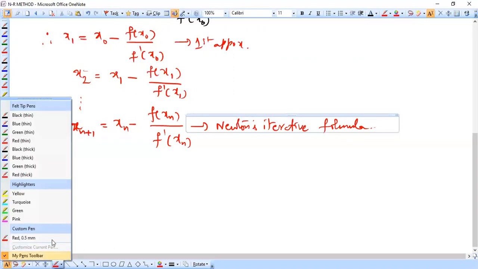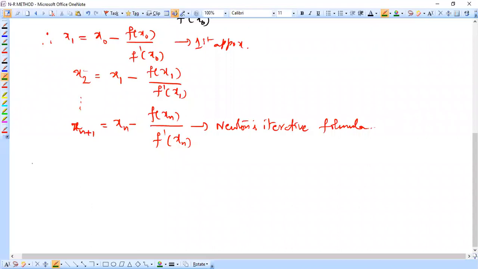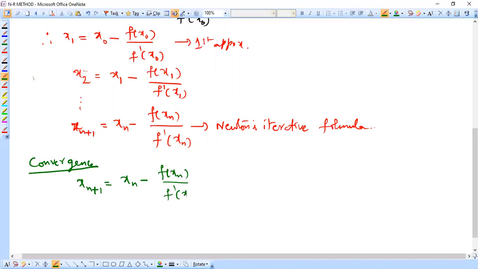Okay, now to talk about the convergence of the Newton-Raphson method, let me start with the condition that we have in the iteration method. For that, let us assume the Newton-Raphson iterative formula, which is xn plus 1 is equal to xn minus f of xn by f dash of xn.